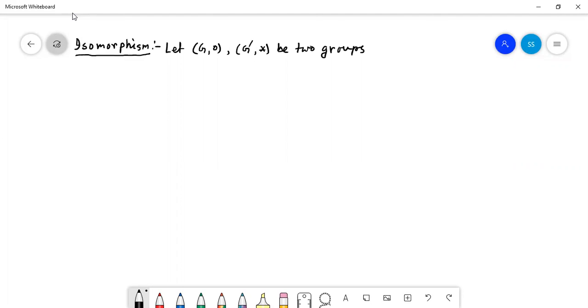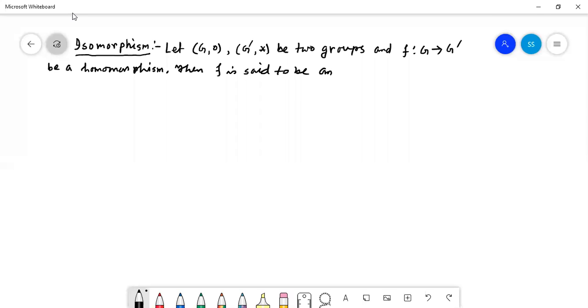Both are groups, and if F from G to G dash is a homomorphism, then F is said to be an isomorphism if F is one-one and onto.